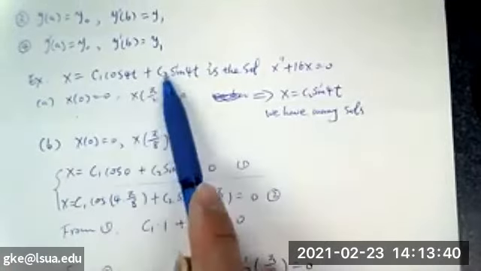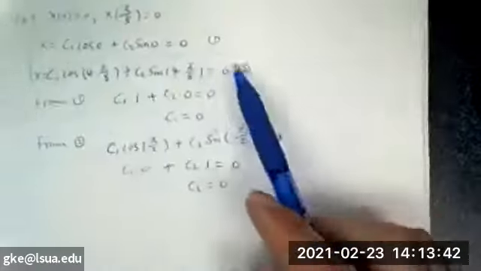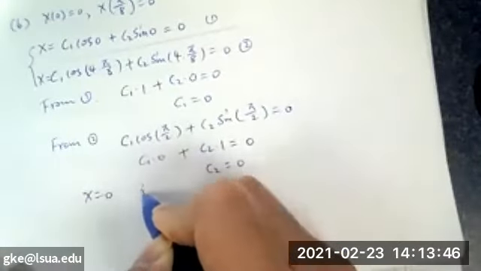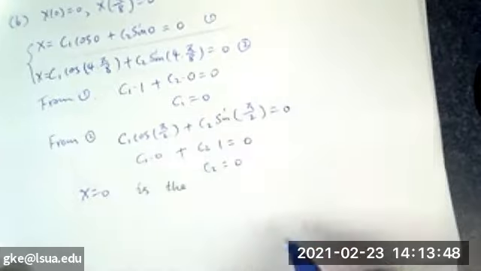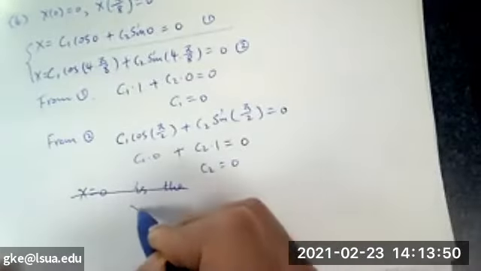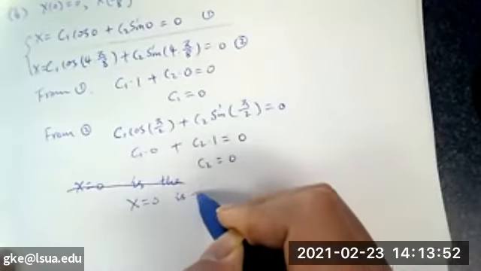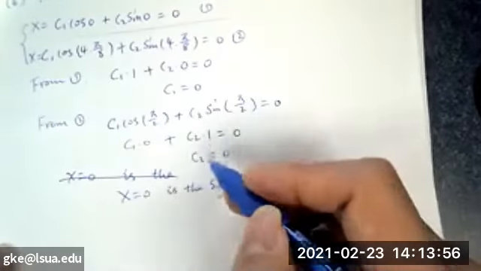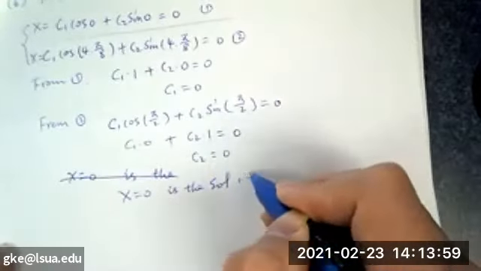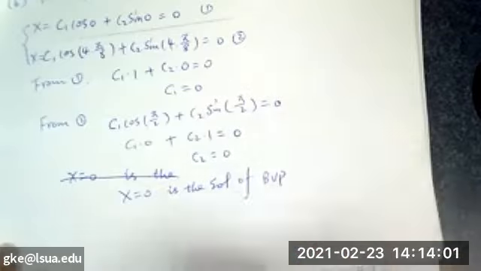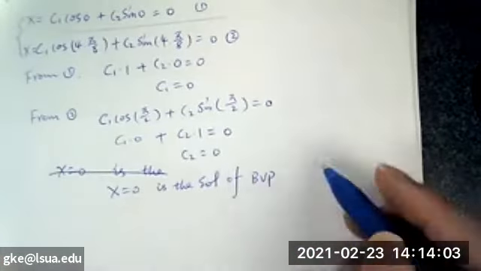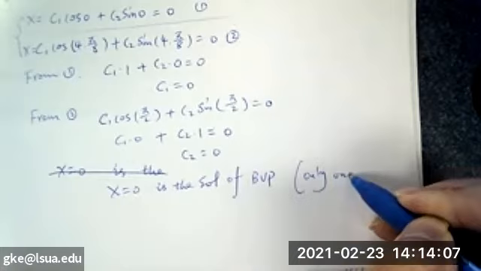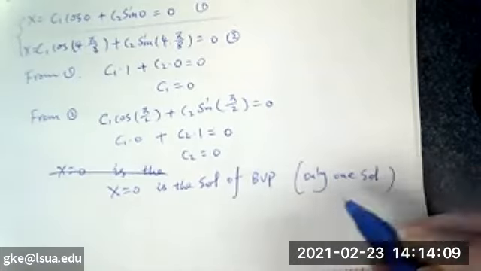C1 is 0, C2 is 0. So x equals 0 is the solution of the BVP problem. So for this case, we have only one solution.